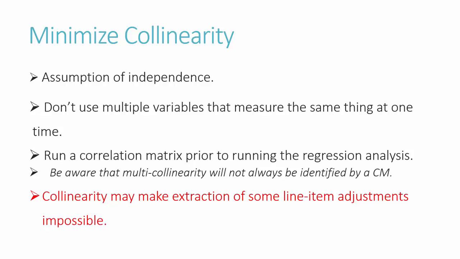Now, if in real property markets, each property characteristic was 100% independent of the other property characteristics as far as value is concerned, it would be very easy to use regression in real property appraising. You could use just simple regression and it would work every time.